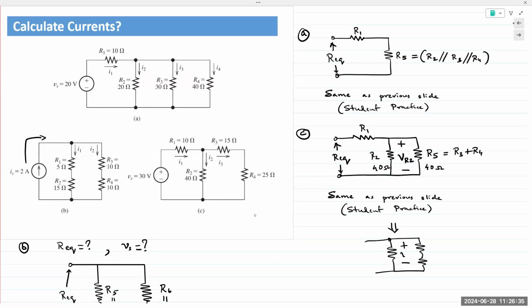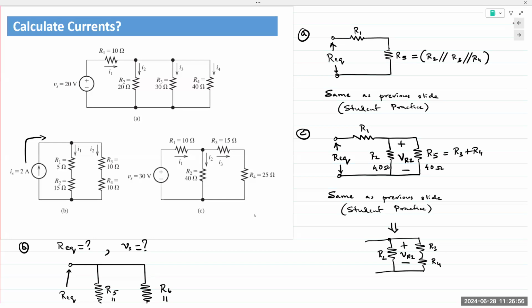This is VR2. This is R2, R3, and R4. VR2 is across the series connection of R3 and R4, so it's being divided.